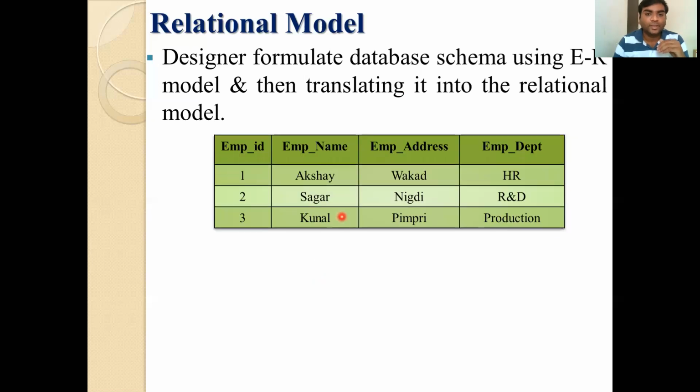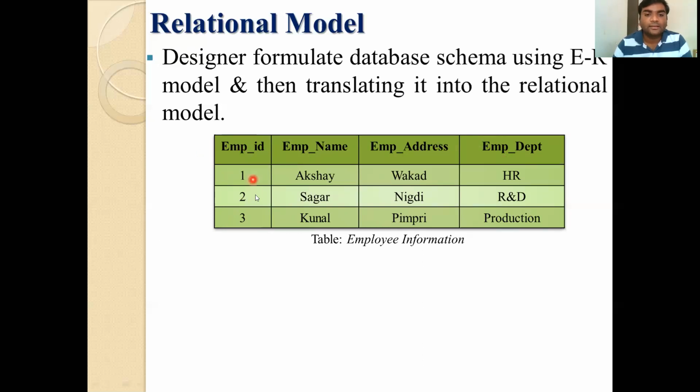Okay. So this is an example of storing data in the relational model. We are again carrying forward the same record: employee ID, employee name, employee address, employee department. These are the column names. This is one table. In this table, there are four different columns. The first column is employee ID, the second is employee name, the third is employee address, and the last one is employee department.